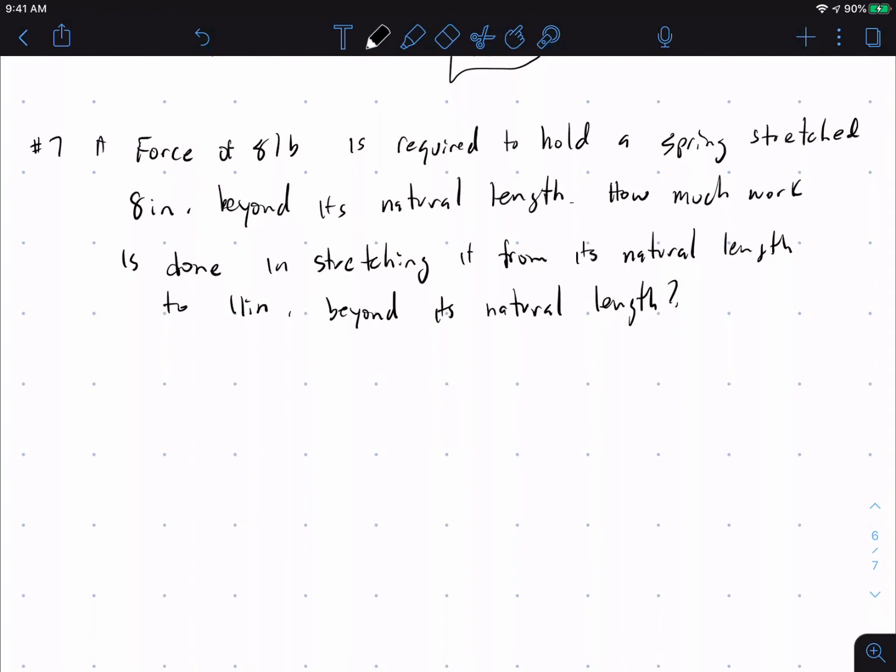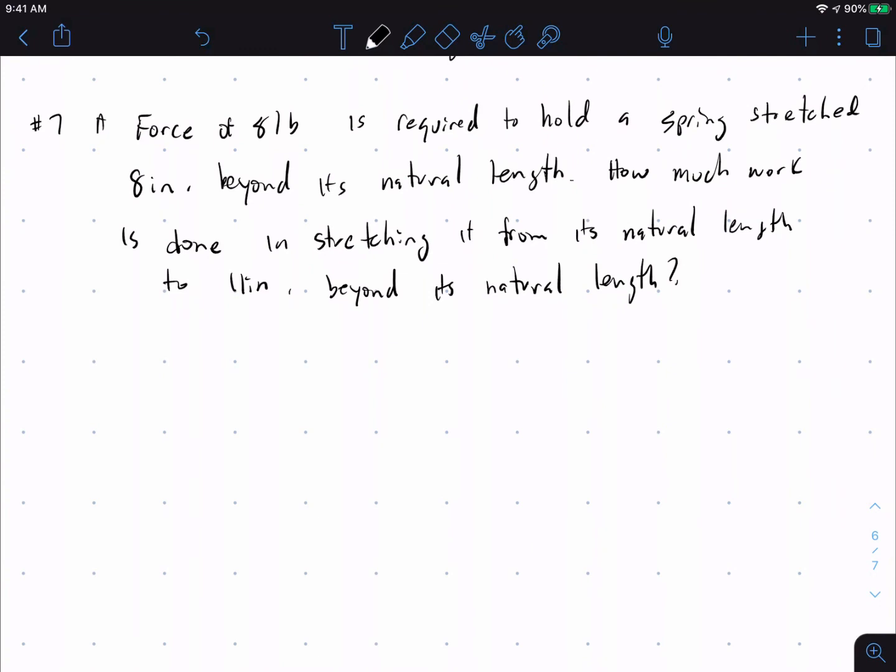Okay, so let's see what happens here. So let's walk through it. So we know since we're talking about spring constants, we need to use this equation, correct? Yes. And if we're talking about force, force is what kind of units? Foot pound. So if we're talking about foot pound, how much is 8 inches in terms of a foot? 2/3.